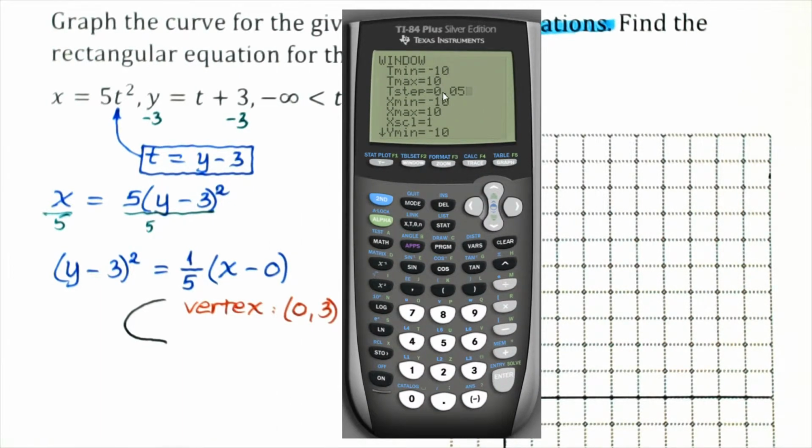So we choose the values for t, x and y. We don't need to change anything. Now we'll graph very slowly. Actually it is kind of fast. If we want it to go slower, we can change the step to be smaller.